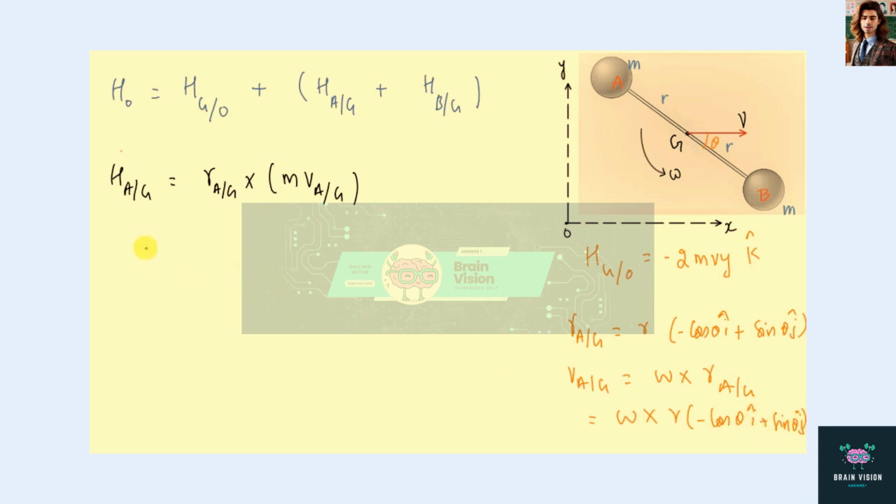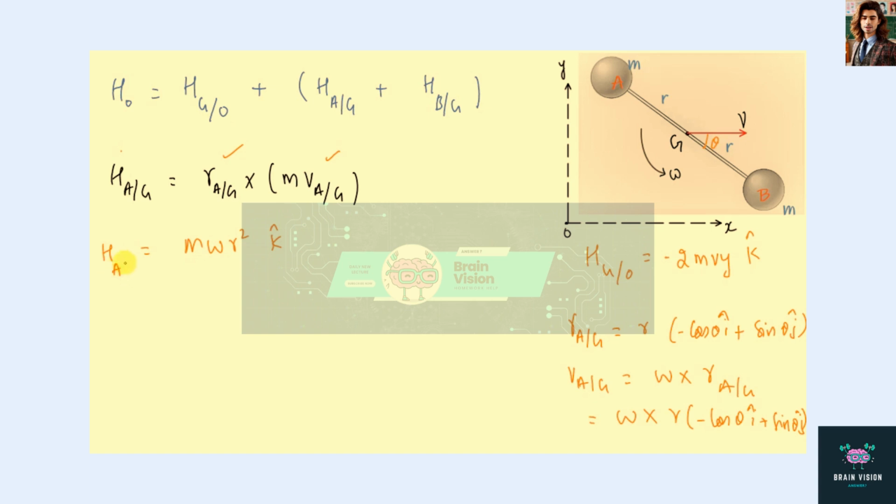After putting the values of R_A of G and V_A of G here and solving using the determinant method, we get the angular momentum to be m omega r square k cap.